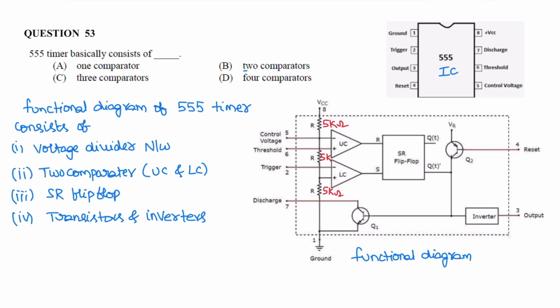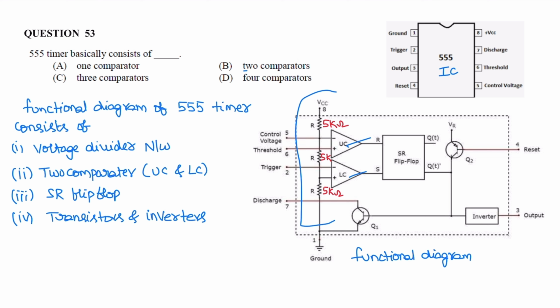Next question. The 555 timer basically consists of what? The functional diagram of the 555 timer is shown in this figure. In this functional diagram, the 555 timer consists of three 5 kilo ohm resistors connected in series between supply voltage VCC and ground, and it consists of two comparators, an upper comparator and a lower comparator.